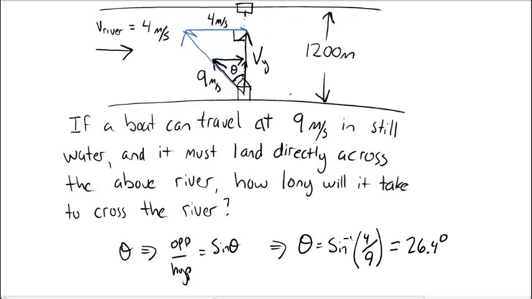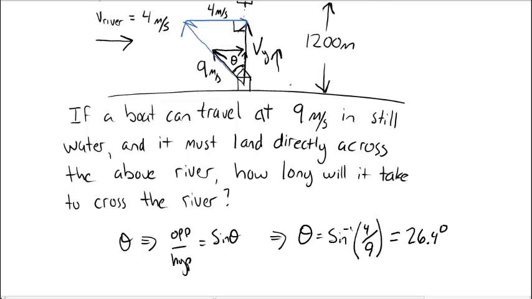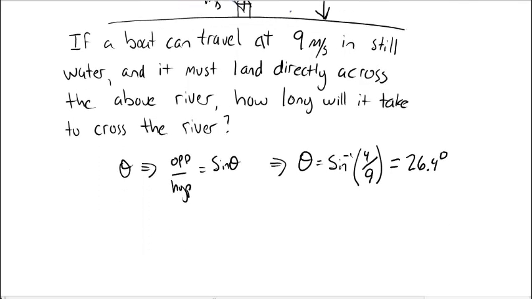Now, part of its velocity is going to be fighting against the river, so it doesn't move downstream, and part of the velocity helps it move in this direction, and that will be Vy. So in order to find Vy, in this case we're going to use the Pythagorean theorem. We're going to say c squared is equal to a squared plus b squared.